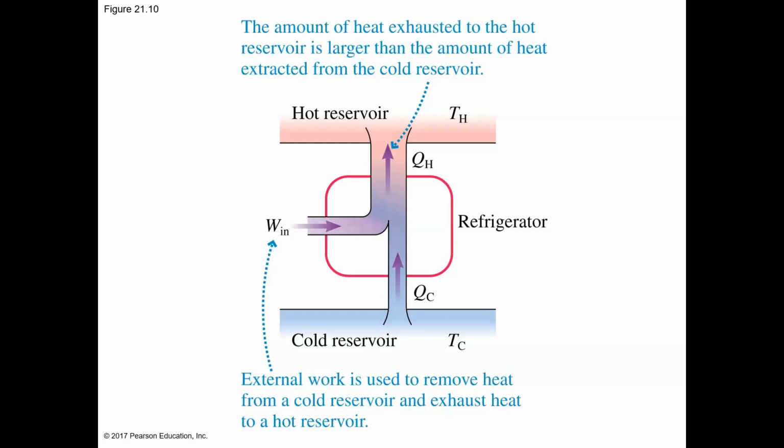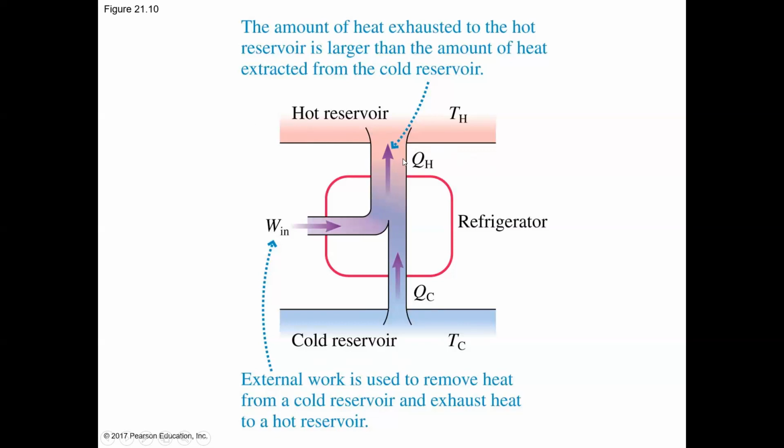That fluid is going to, at some point in its cycle, get very hot. It's going to be up at 50 degrees Celsius. Because remember, the whole idea is that the fluid is going to draw heat from the cold reservoir, that's the air inside the freezer, and dump it to the outside. Those coils on the back of your fridge or the bottom of your fridge, that's where that heat gets exchanged.